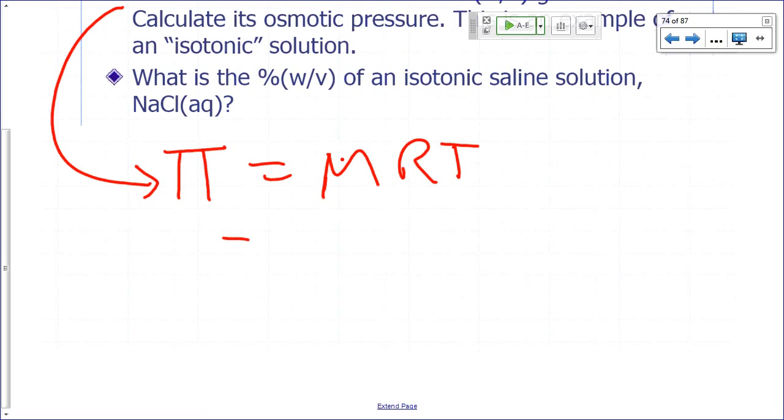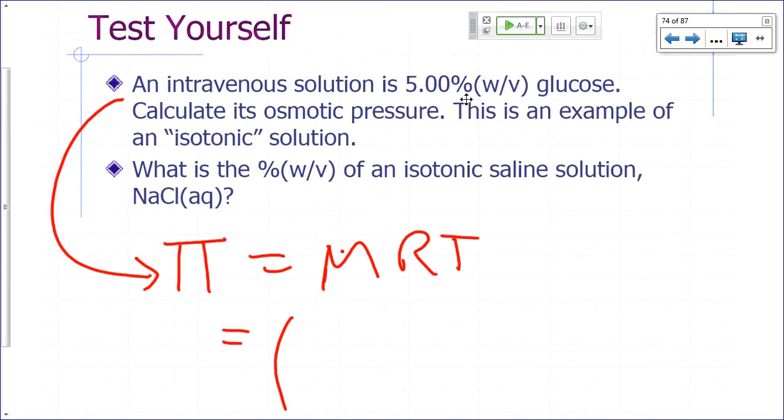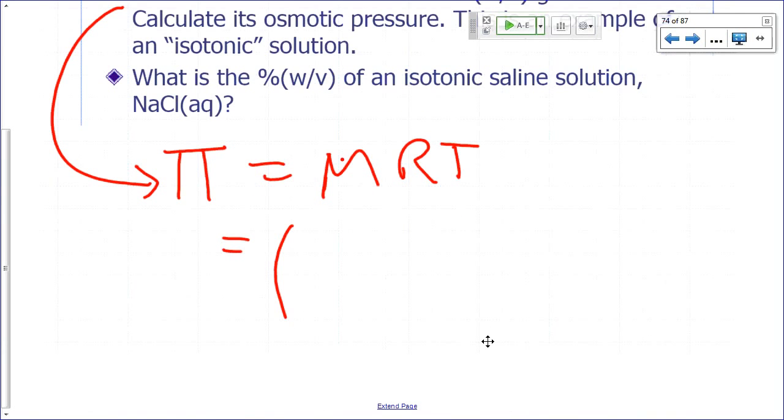And what is our M? How much glucose do we have? 5% weight by volume. So 5 grams of glucose. This is 5.00 grams. How do I change that to moles? Divide by 180.2 grams per mole.